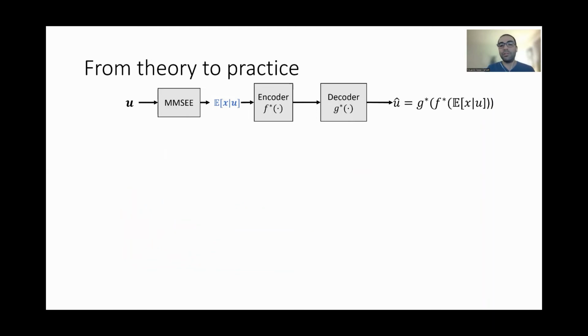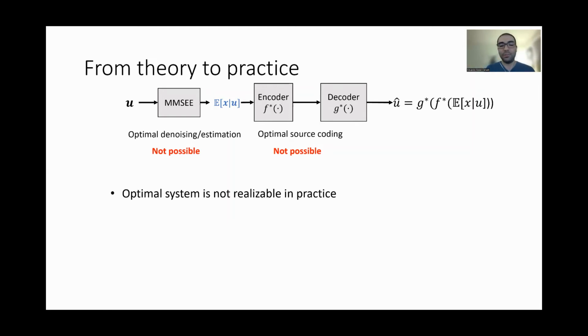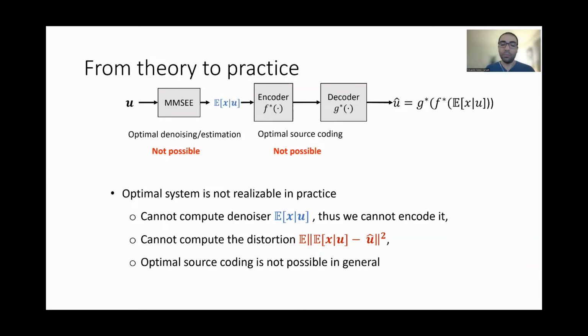Now, how do we use this result for a practical method? So basically, optimal denoising and optimal source coding are never available. So therefore, this system is not realizable because we cannot compute the denoiser and we cannot encode it, of course. So what we propose is a solution that is inspired by this approach.